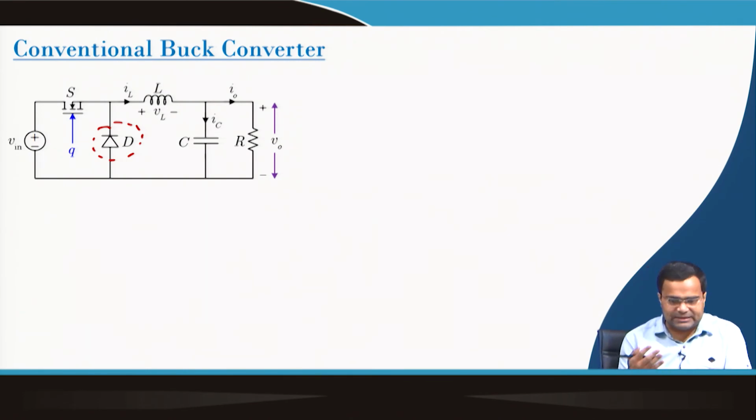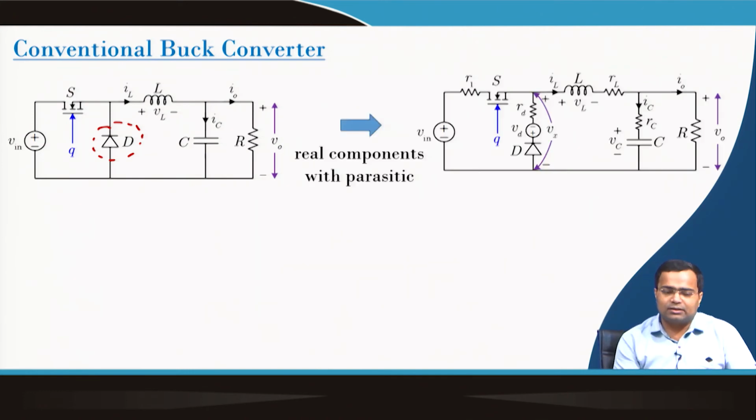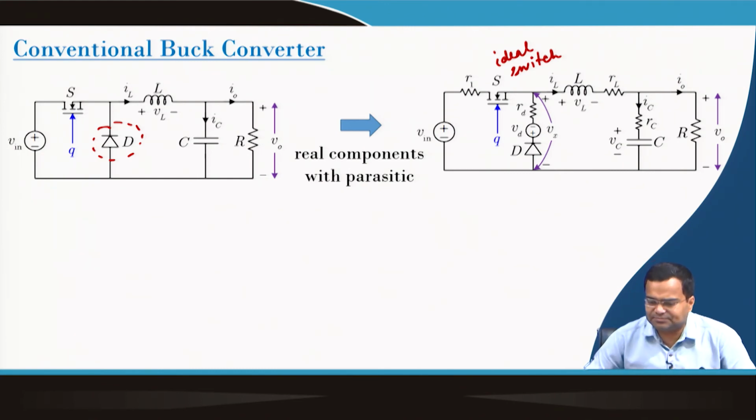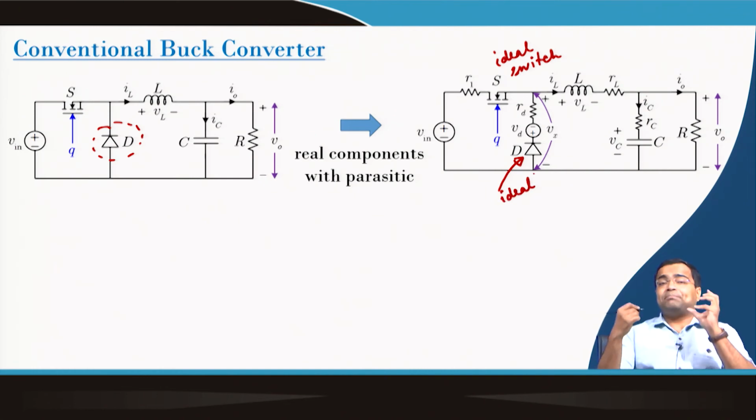If we want to represent this circuit using practical parasitics, that means real components, then this MOSFET will become an ideal switch, and it is basically a single pole single throw switch with a series resistance of R1, that is the on time resistance. The diode will be replaced by an ideal diode, along with the practical parasitics.